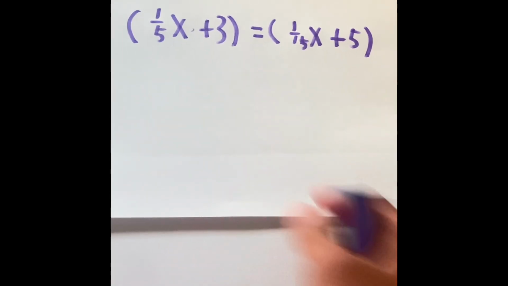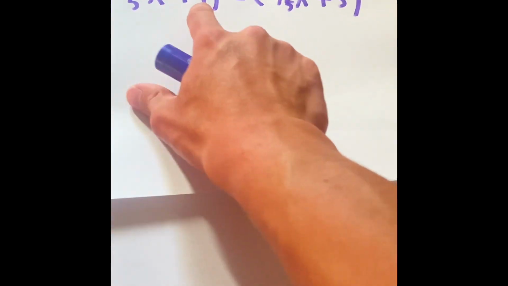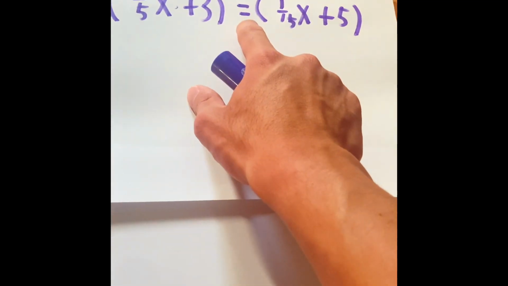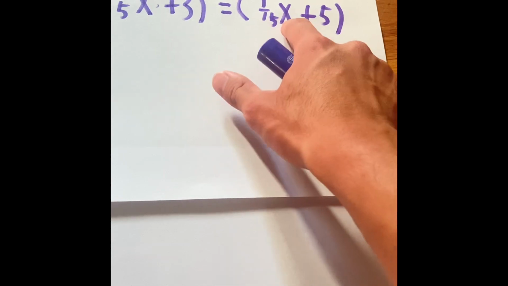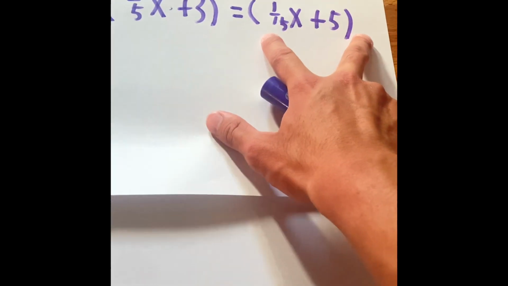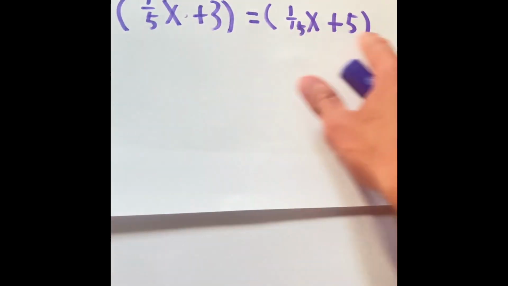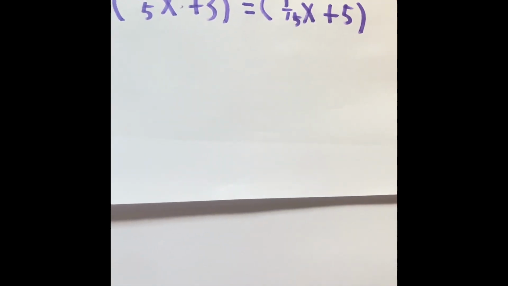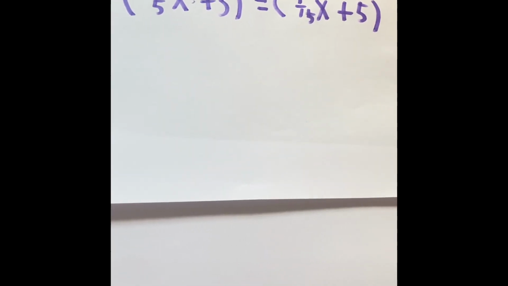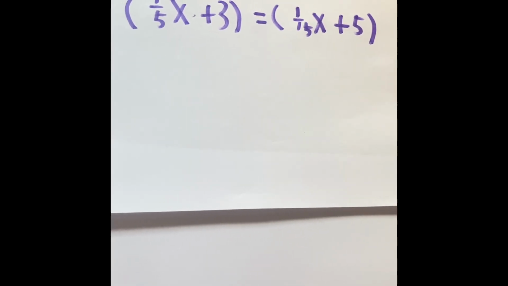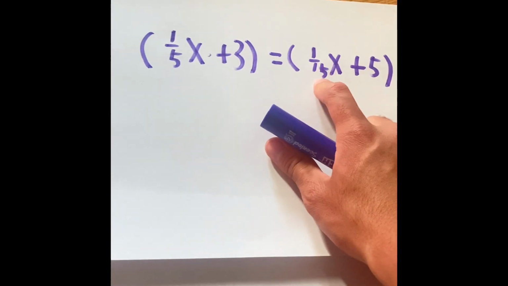We have 1/5 times (x plus 3) is going to equal 1/15 times (x plus 5). We understand that all of these can be divisible by 5, in terms of 15 being the largest number.